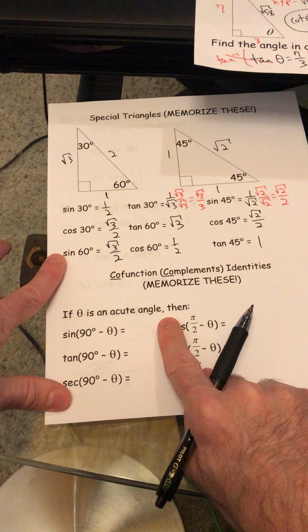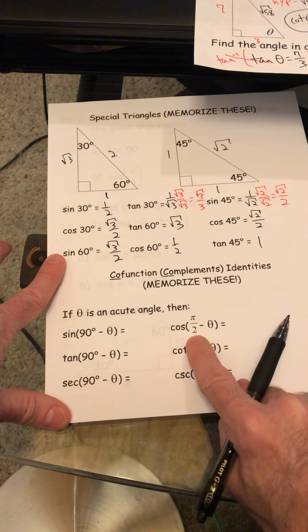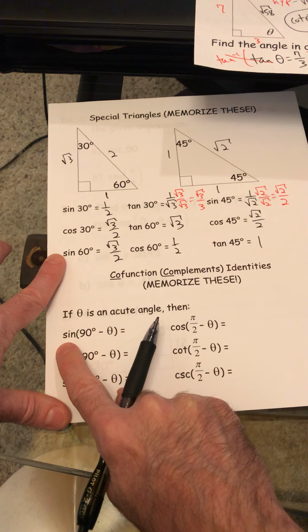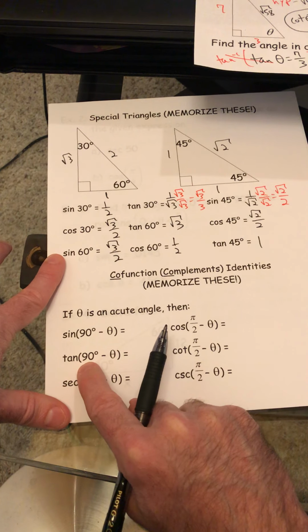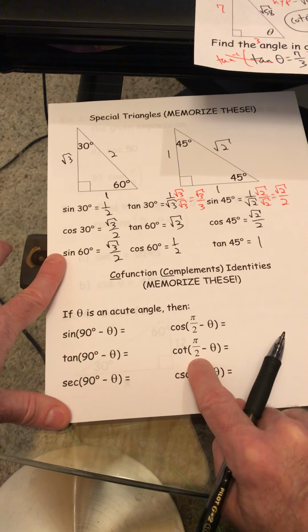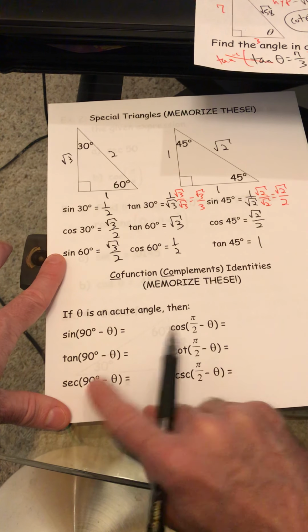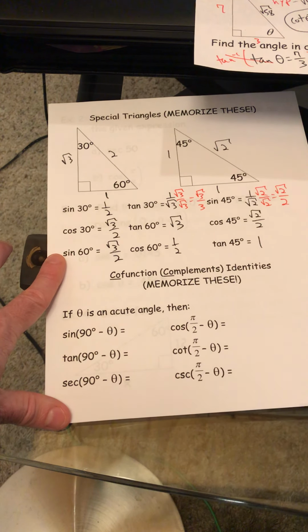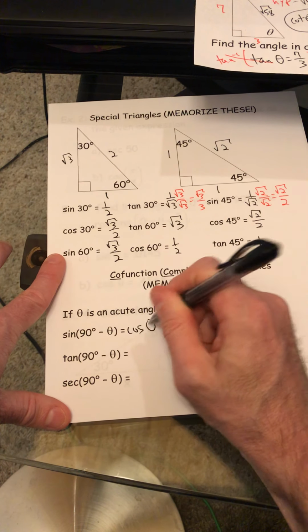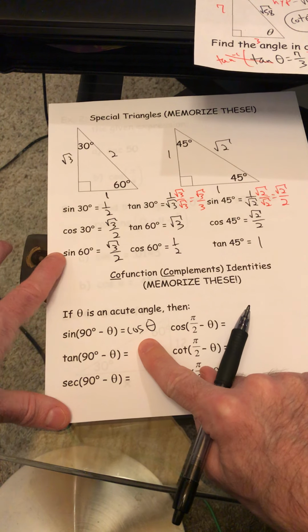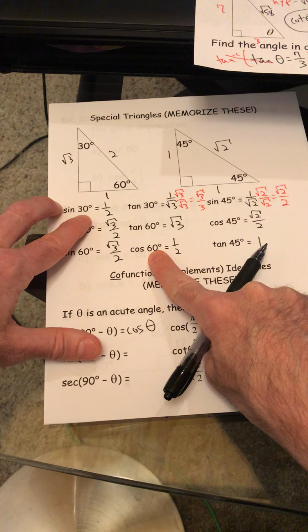So if theta is an acute angle, now one of the other things to just know, these are all interchangeable, 90 or pi over 2. I could have said the sine of pi over 2 minus theta, tangent of pi over 2 minus theta, cotangent of 90 minus theta. So just know that, you know, 3 of them we use degrees, 3 of them we use radians, but those are interchangeable. Well, the sine of 90 minus theta is cosine theta. What that means, the sine of 30 and the cosine of 60, well, the angles are complements.